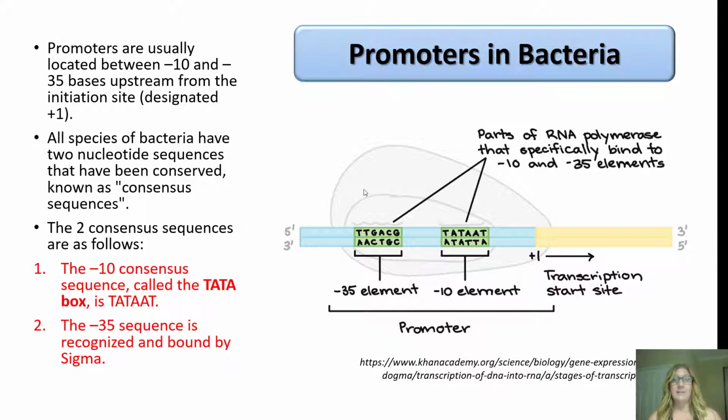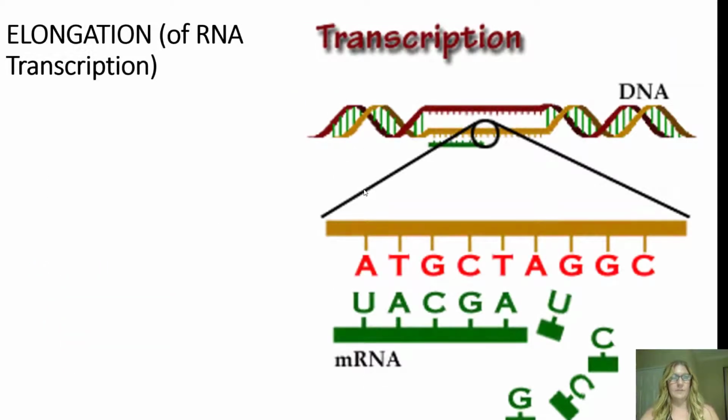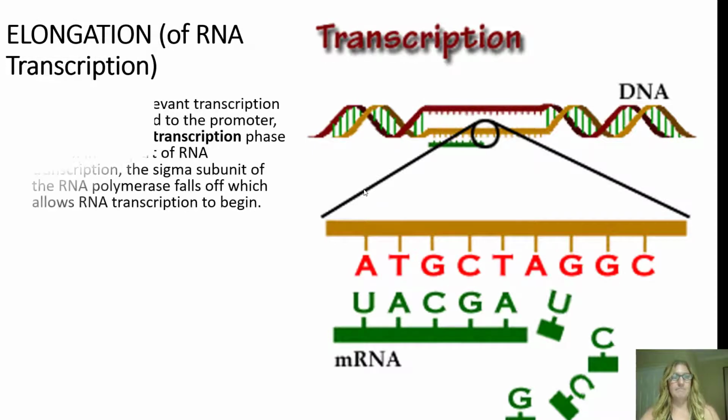We've got the -10 consensus sequence called the TATA box. And we also have the -35 sequence, which is recognized and bound by the sigma subunit of RNA polymerase. So let's go ahead and look at that.